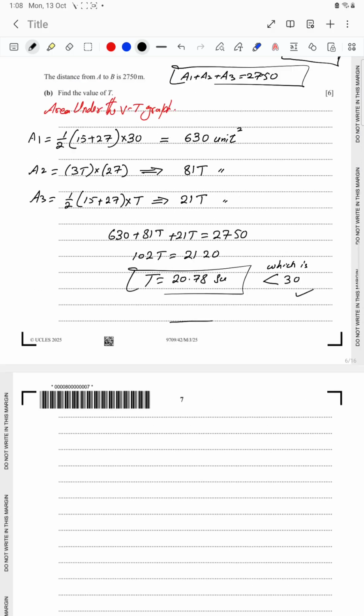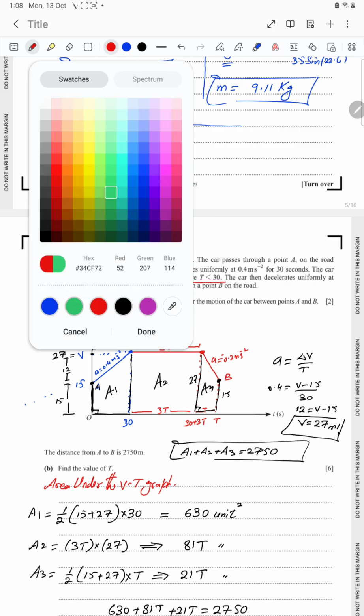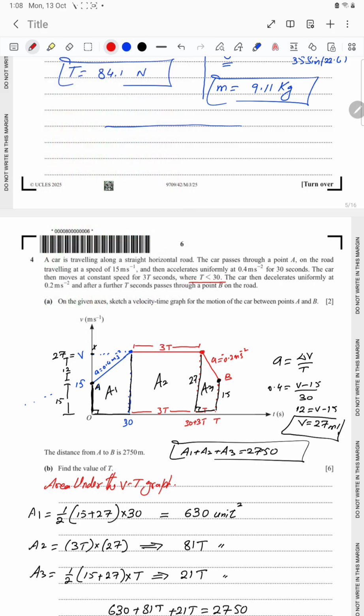If I go back to the figure, from this B point, let me change the color and take the green color. For the C part, it states that it is going down, it is not ending here.